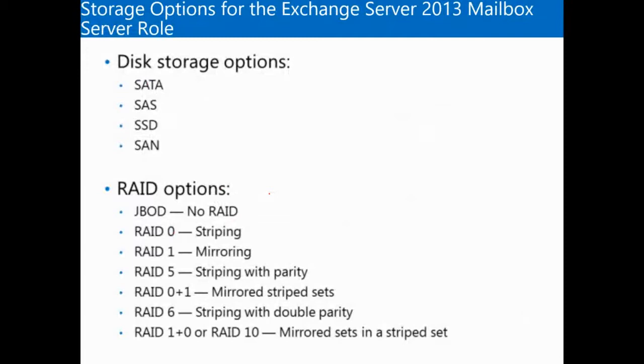Okay, so here you have storage options for the Exchange Server 2013 mailbox server role. So here you have the disk storage options. You have SATA or SAS or SSD.